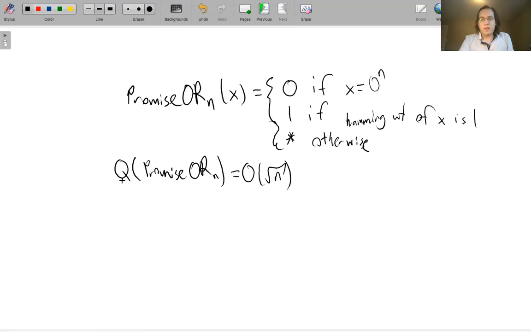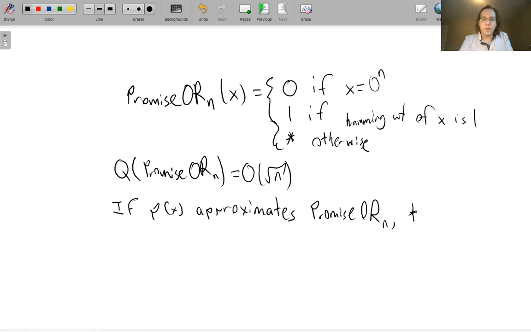And because PromiseOR is a symmetric function, we can say that if P approximates PromiseOR, then we can write the symmetrization P hat also does. This is the symmetrization that we defined before.